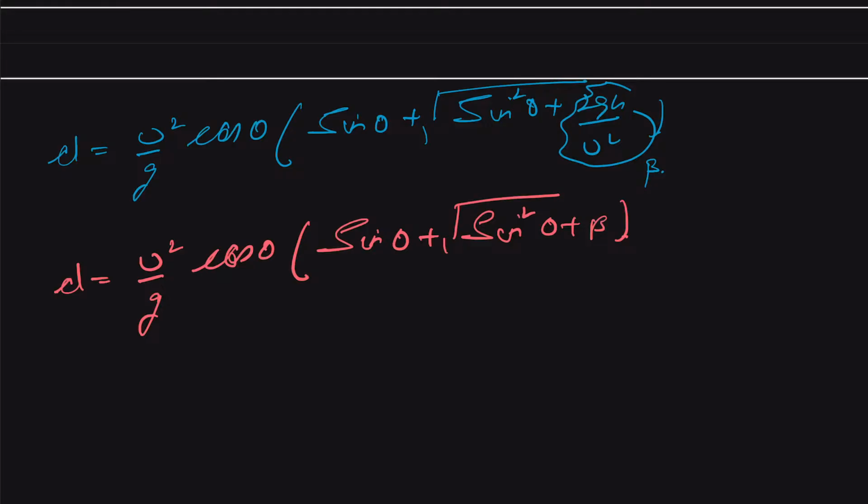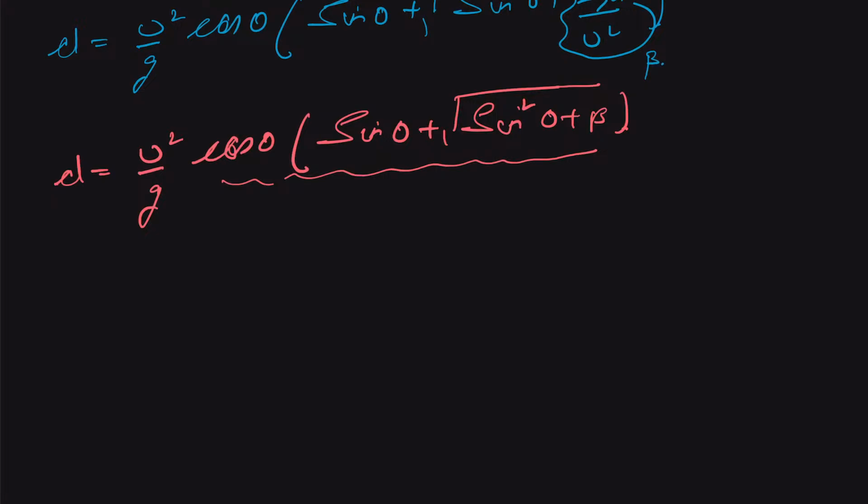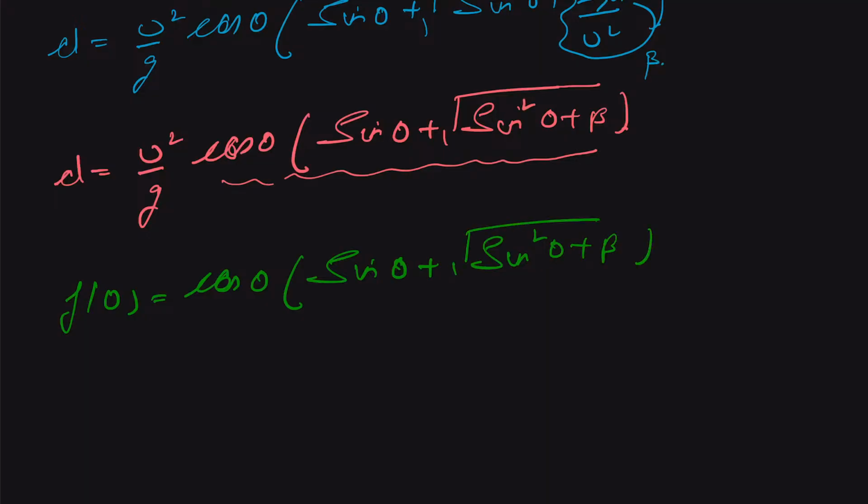We have to maximize with respect to theta, so we are only interested in this trigonometric function. So let us assume that f of theta is equal to cos theta times sine theta plus the square root of sine square theta plus beta.